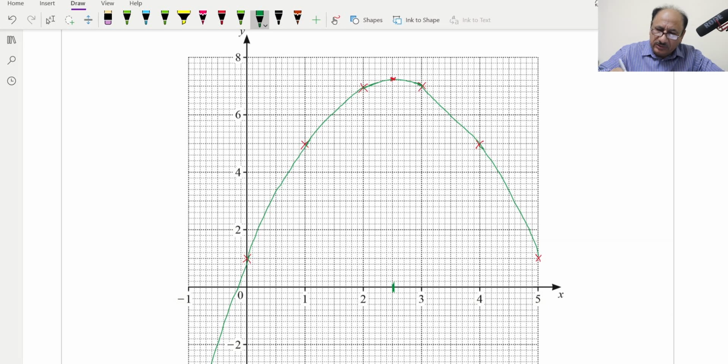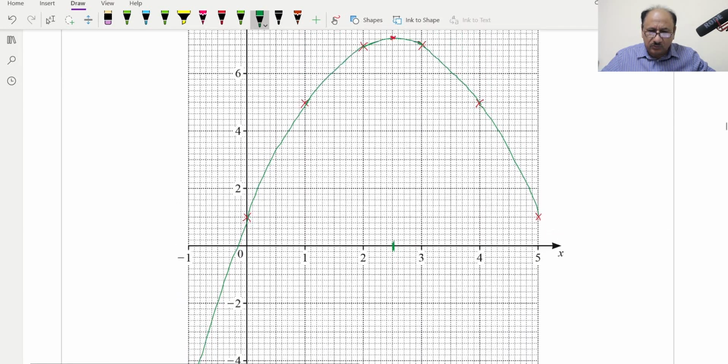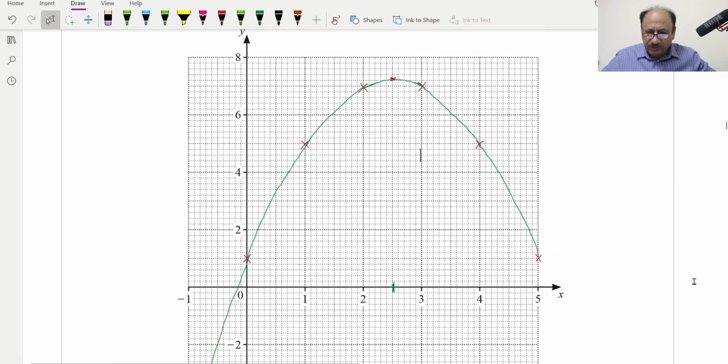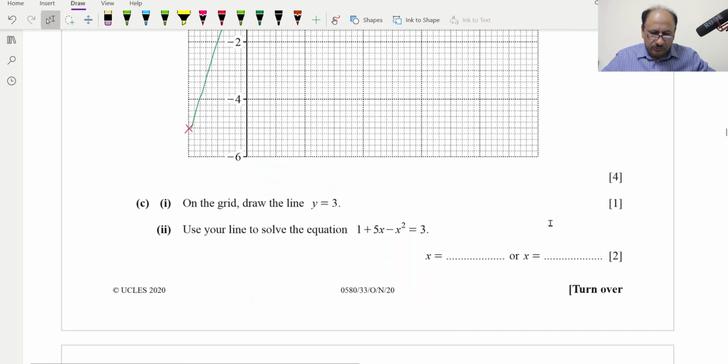It's not exactly smooth, but we have drawn an almost smooth line. After drawing this, you will have to practice to draw smoother and smoother.